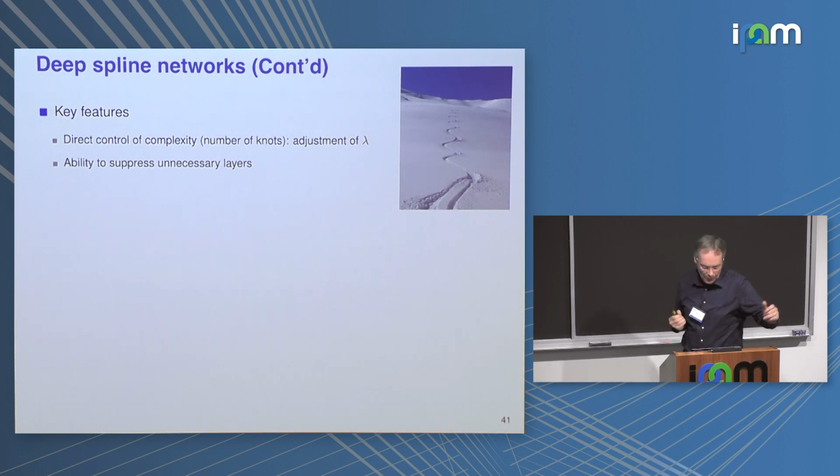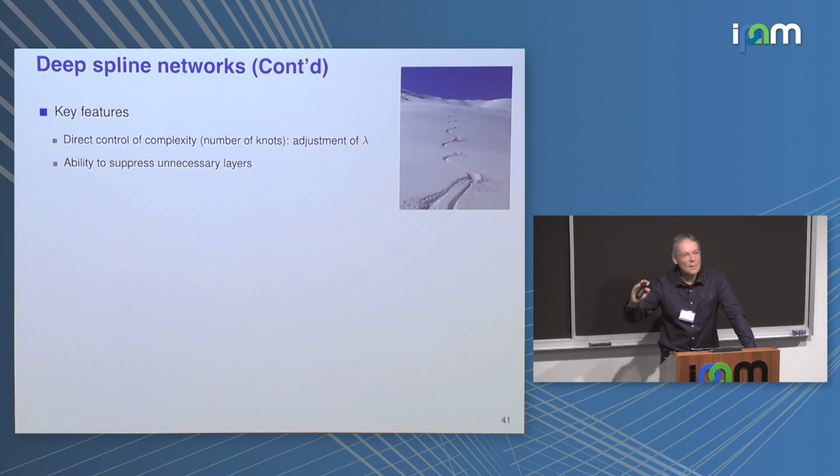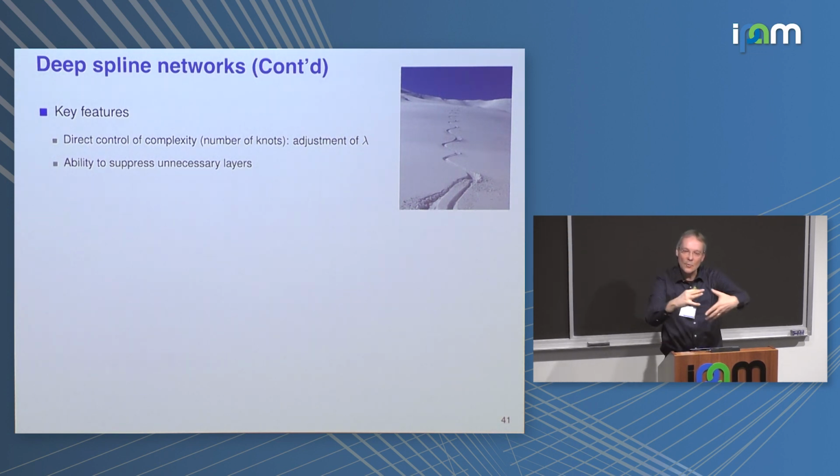Key features here: we have direct control of complexity. This lambda parameter makes for more or less simple nonlinearities. In fact, when the knots disappear, at least formally, the neural network collapses. You get rid of layers.